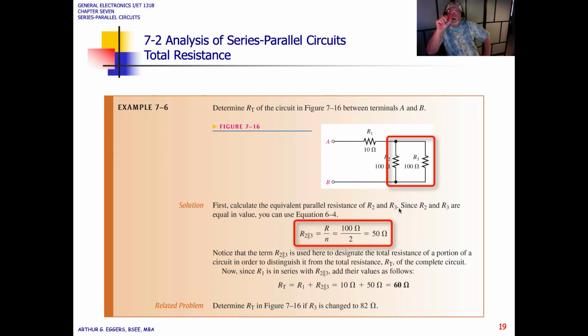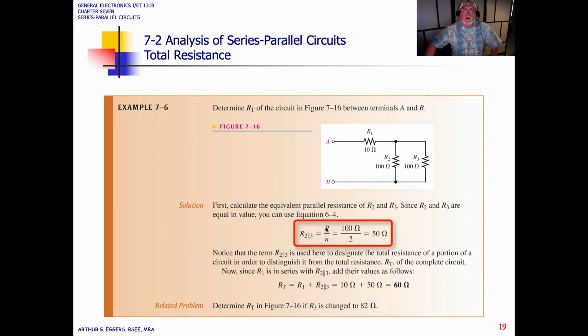Look for the parallel branches that you can simplify and turn into either another parallel branch that can be used to do the analysis, or where it can then be made into an equivalent and put in series. So R2 and R3 will become an equivalent 50 ohm resistor that will be in series with R1, the 10 ohm.